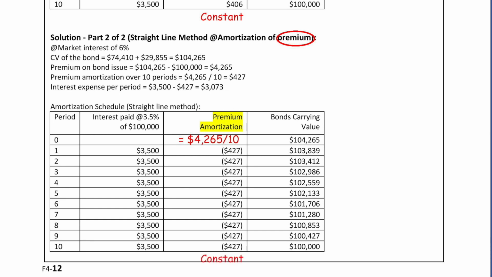And we can see that the bond carrying value decreases from $104,265 at issuance to face value of $100,000 at maturity, because the premium of $4,265 is amortized over the life of the bond, and in this case amortized on a straight line basis. Now remember, this method is very simple and hence not allowed unless the interest dollars is immaterial.